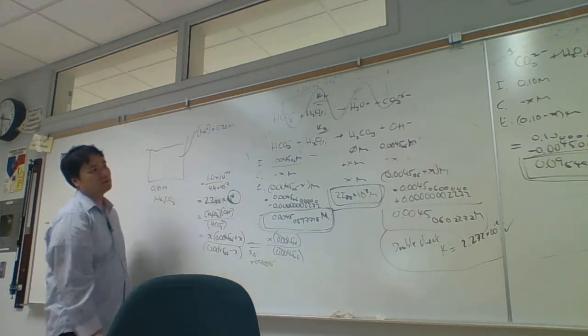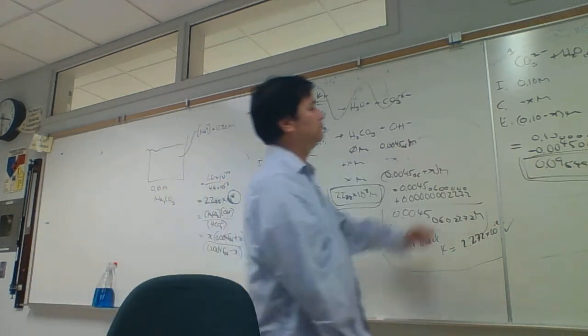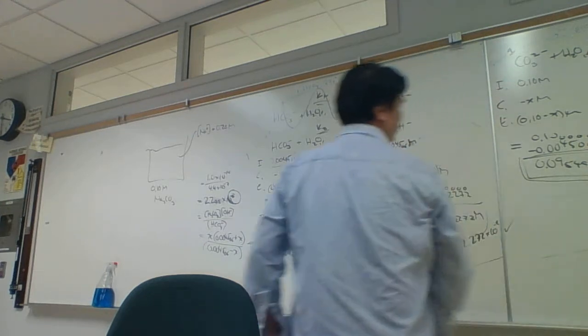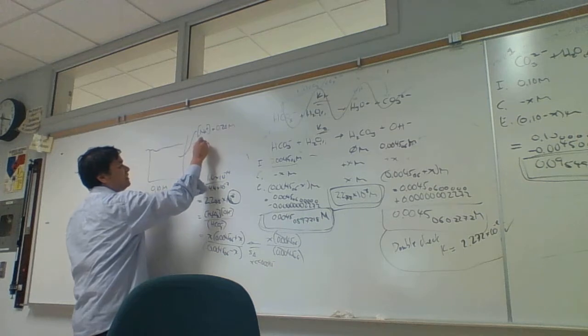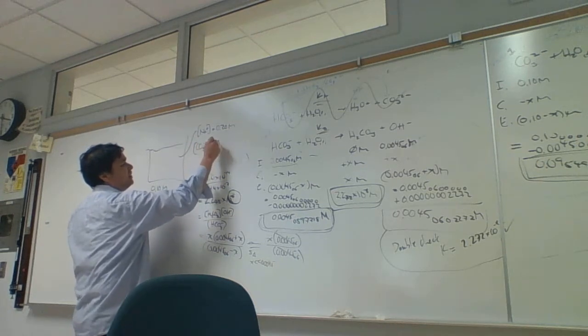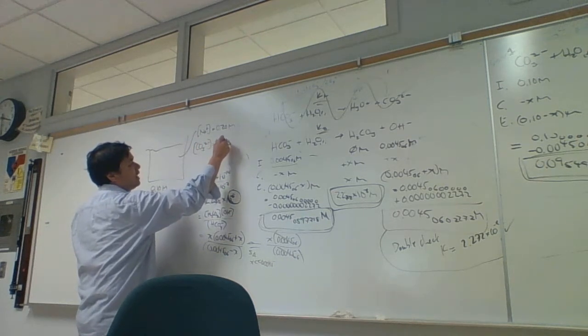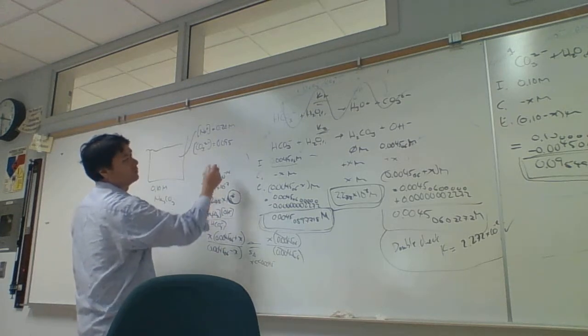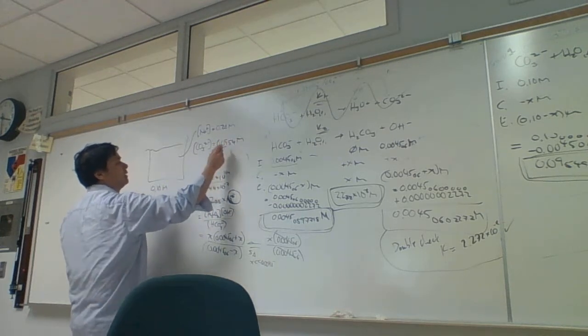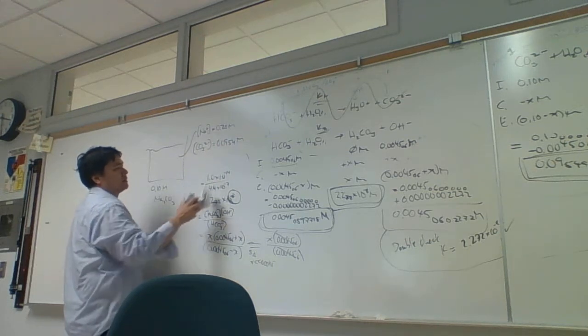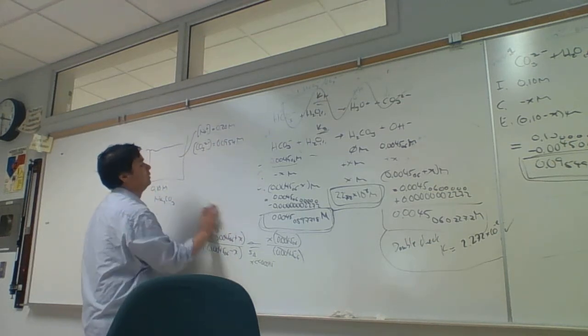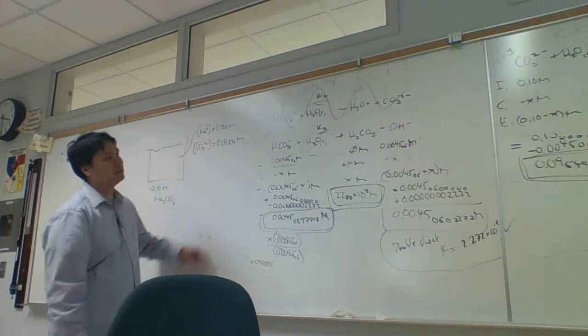The next most abundant species will be carbonate. And so if I go to carbonate, it's at 0.09549 molar. And so carbonate is at 0.095. Just throw in one more digit. We're only allowed 2, or actually 1 maybe in this case. So carbonate's the next most abundant.